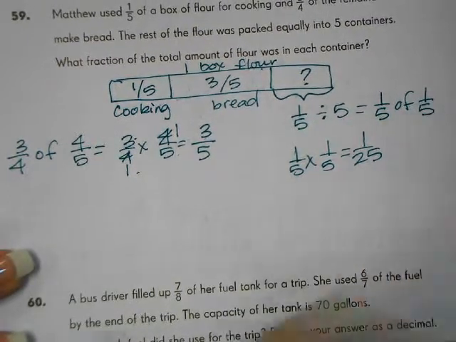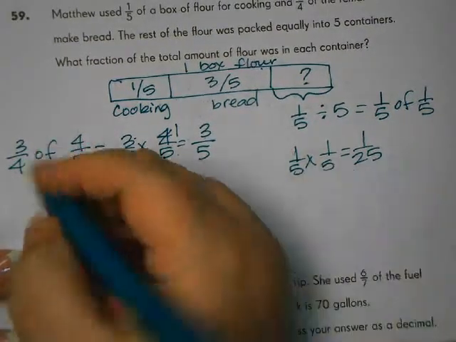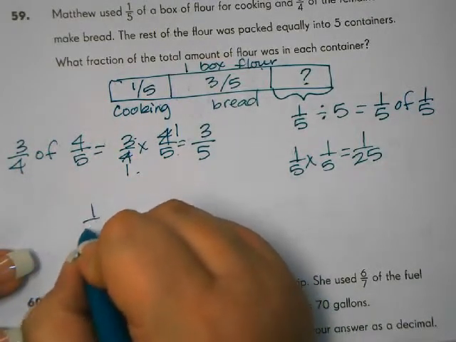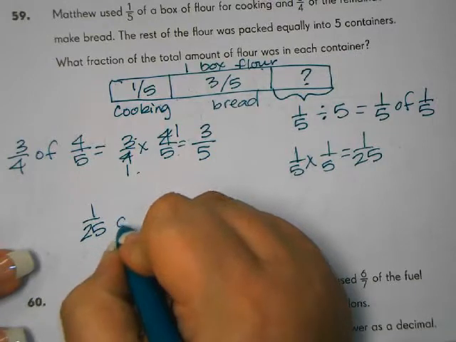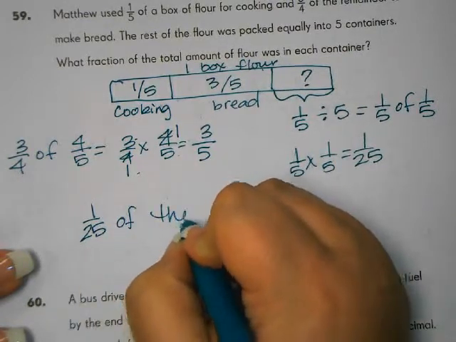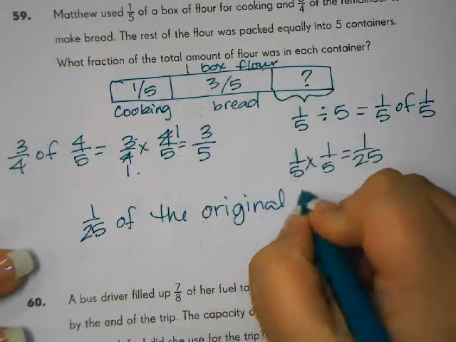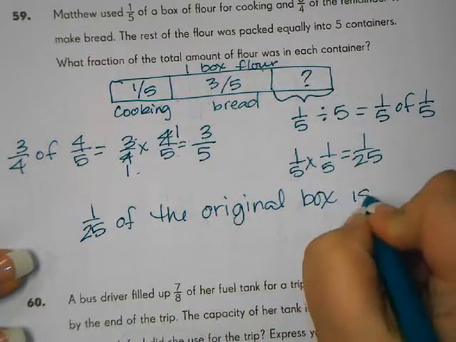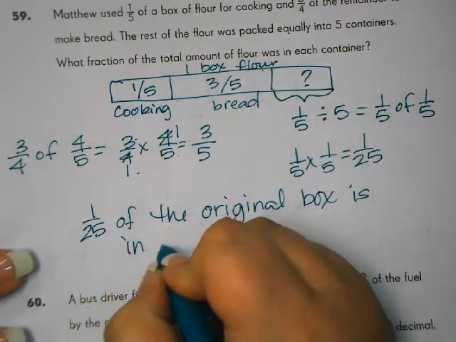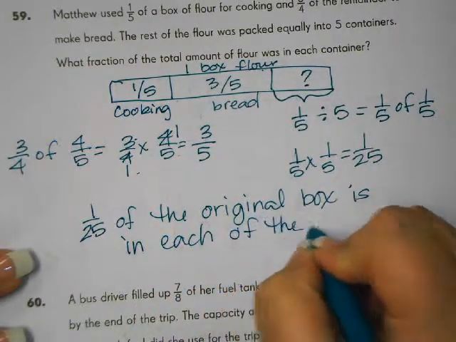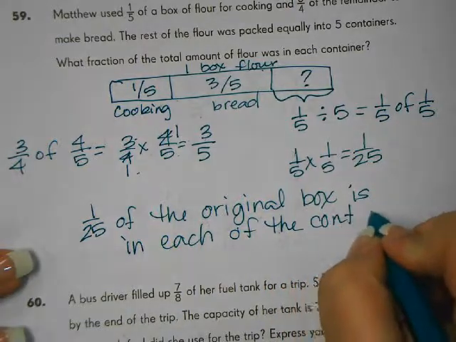Okay, well, 1/5 of 1/5 is going to be 1/25. So there is 1/25 of the original box in each of the containers.